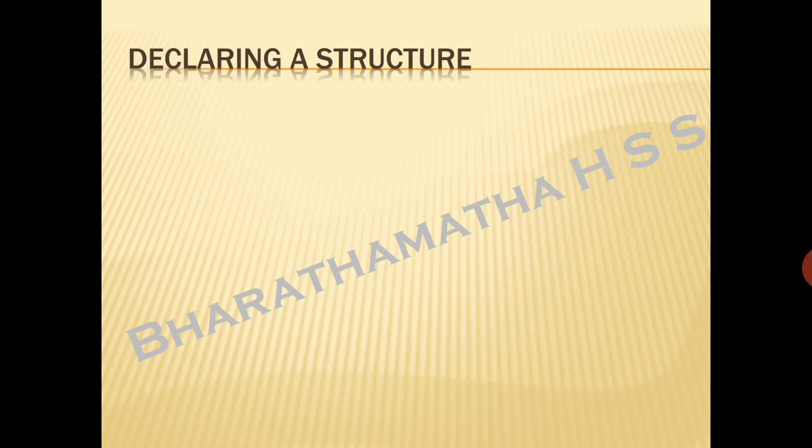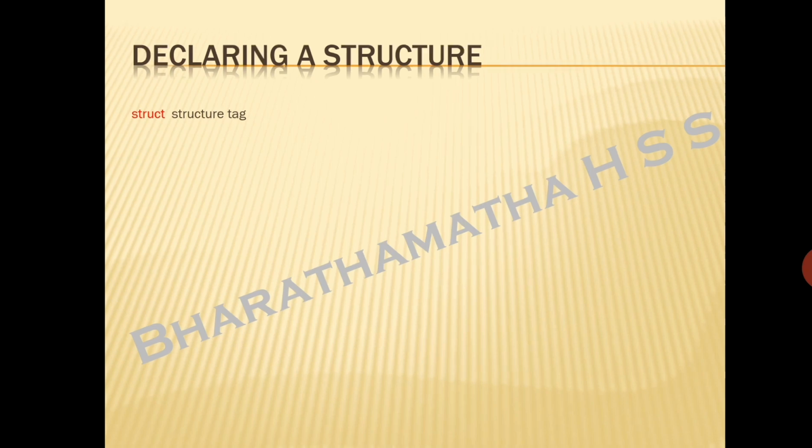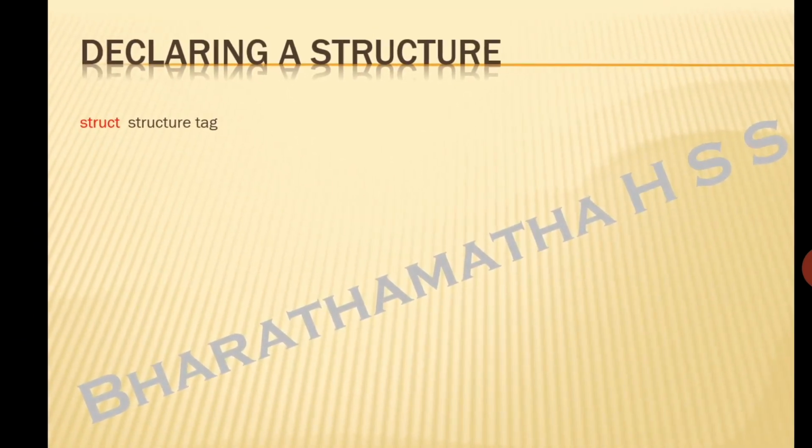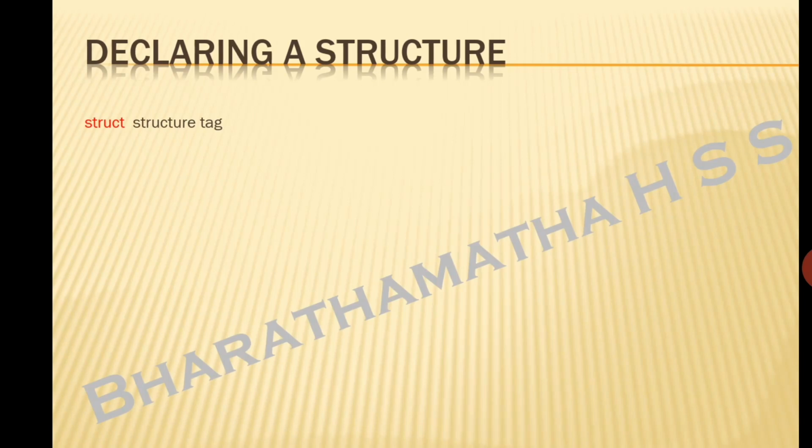Now coming on to declaring a structure. How do we declare a structure? It is declared using the keyword struct. Struct is written in red color to show that it is a keyword, followed by a structure tag, which is also known as a structure name.